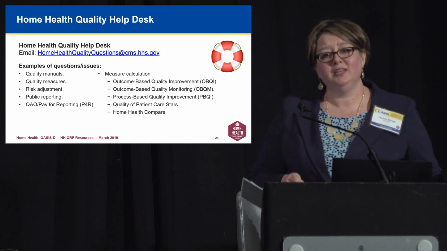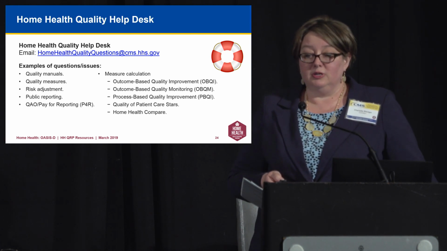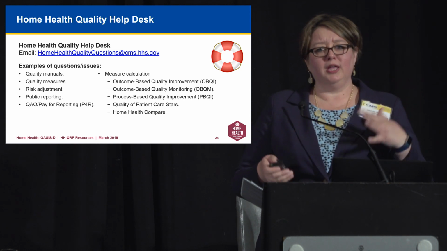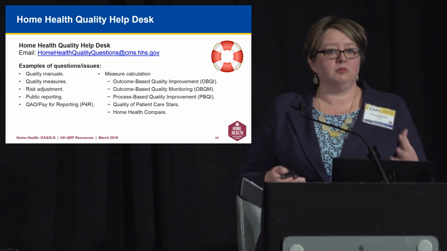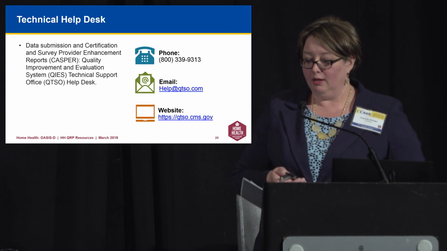So anything related to that can go to this home health quality help desk. So I just wanted to make sure that you guys knew where to go when you have those questions. Because again, you might be looking at this at a later time and think, oh man, I have this question, where can I go? This is going to be one of the big ones where you're going to want to head.